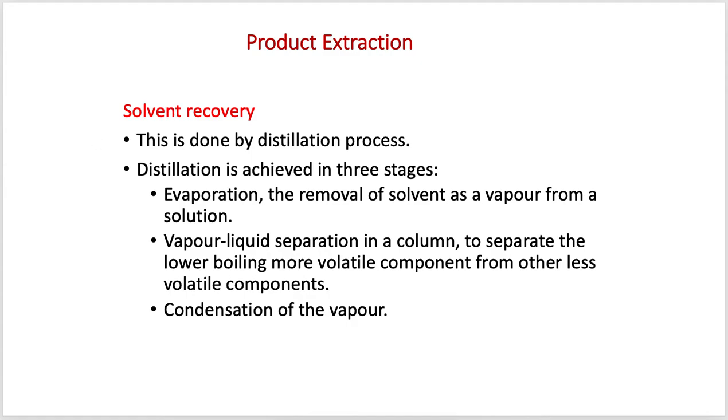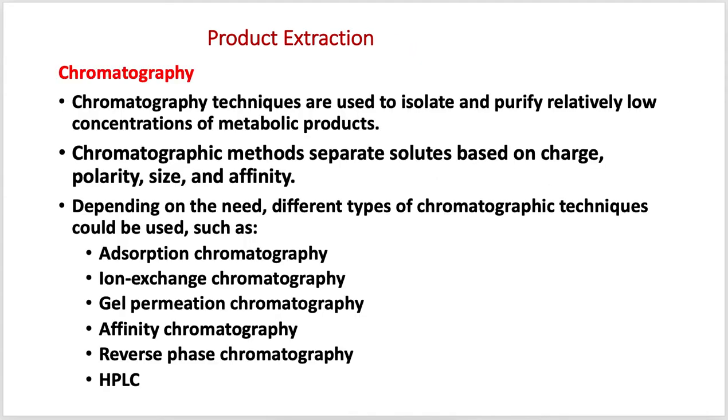Then another method of liquid extraction, or product extraction, is chromatography. Chromatography techniques are kind of sophisticated techniques, and chromatography methods are very good for making the product very pure. They are used to isolate and purify relatively low concentrations of metabolic products.